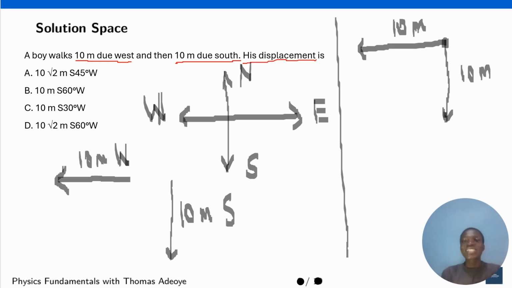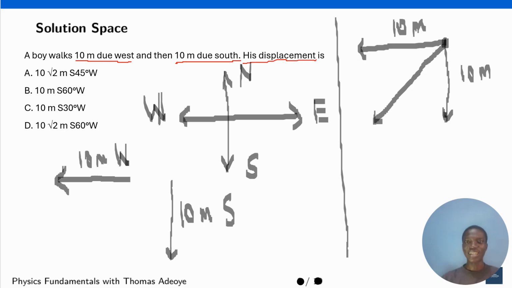So the resultant will now be a straight line that is drawn from the point of intersection of the two vectors. From the point where the two tails are placed together, the resultant will come from them like this, and it means the resultant will be a straight line that is drawn from here.